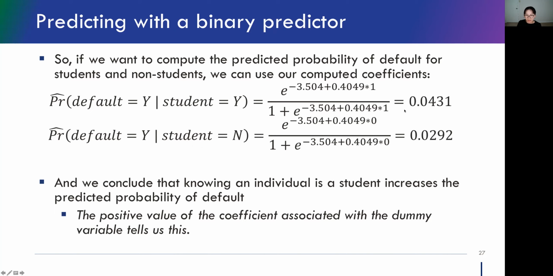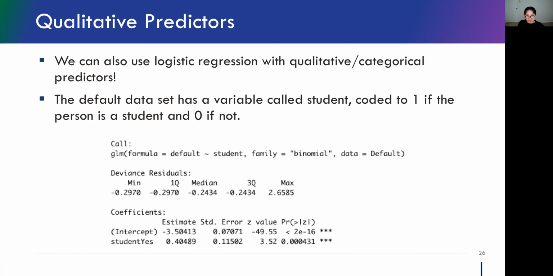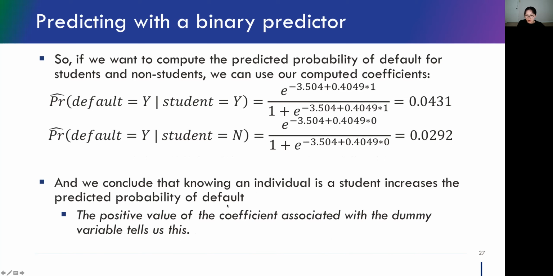By comparing the probabilities of default, we can conclude that knowing an individual is a student increases the predicted probability of default. This is when the person is a student, and this is not a student. Actually, the positive value of the coefficient also tells us that being a student increases the probability of default.